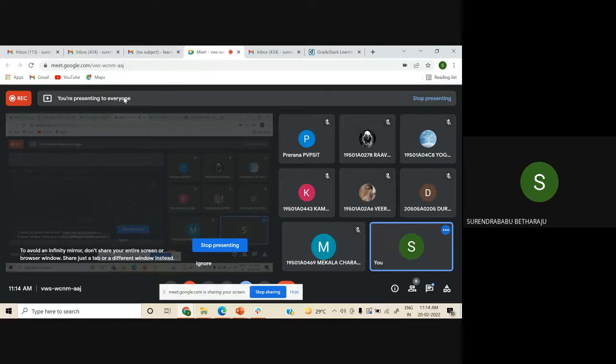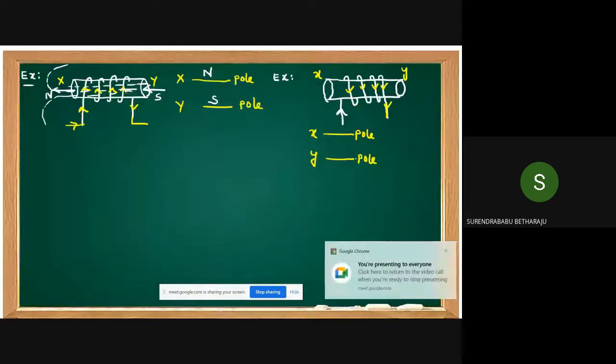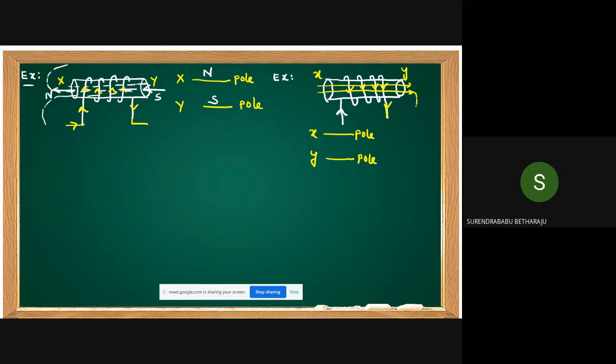Now which is the north pole and which is the south pole? The flux direction is like this, so the flux lines start like this. Clear? Then X is which pole? South pole. Y is which pole? North pole. Always the flux lines start from the north pole.